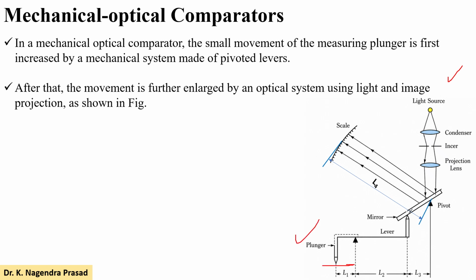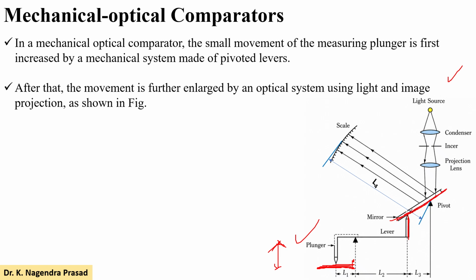We know that when the plunger is connected to the workpiece, if there is any difference with respect to the standard workpiece, the plunger will move upward. This plunger is also connected to the pivoted lever. Due to these movements, the end of the lever, which is connected to the mirror, moves up and down. This will cause the deflection of the mirror.